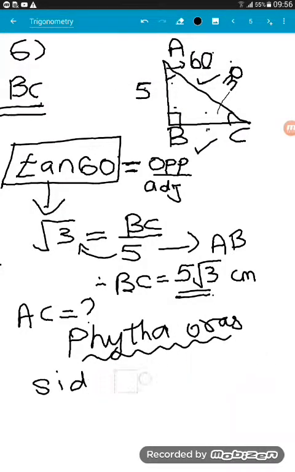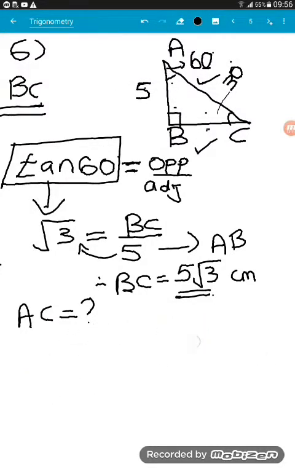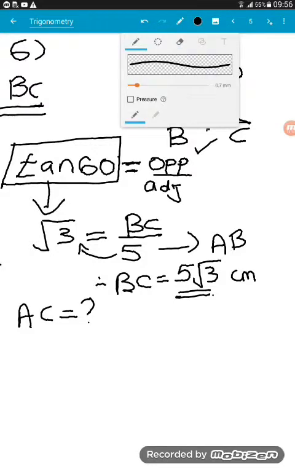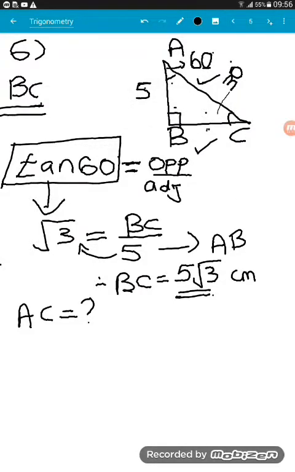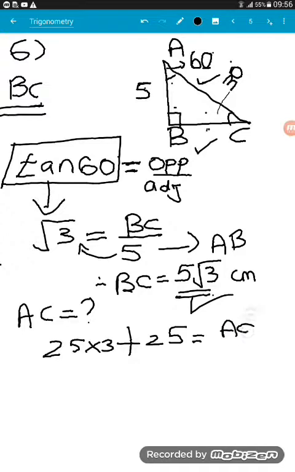Now we will see how to use this to find the hypotenuse of the given triangle. According to the given triangle, BC is 5 root 3 that we got from here. So 5 root 3 square is nothing but 25 into 3, plus 5 square is nothing but 25, equal to AC square.